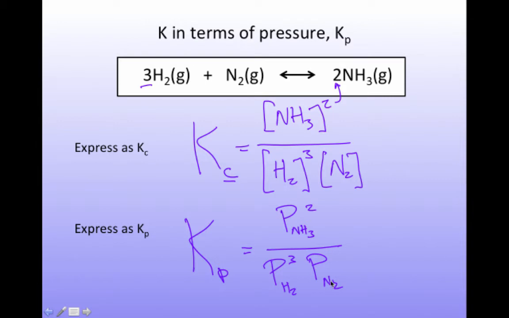Now these are not the same, but they can be converted into one another. And the reason is because I can write the partial pressure in terms of the concentration. And so I can actually convert back and forth between these two. So let's see how we can do that.